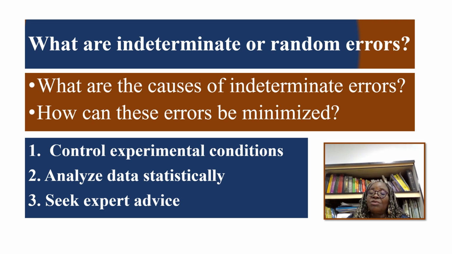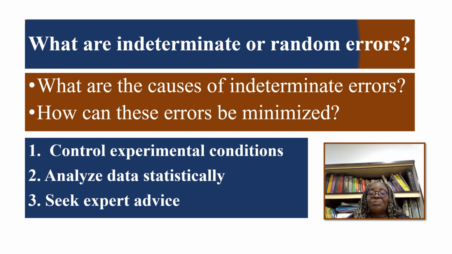As that heavy-duty truck passes, it will cause a vibration of your building. And if you are conducting an experiment at that time, it will introduce indeterminate error. It could also be caused by passing traffic, and by variation in temperature and limitation to scale reading. These are the causes of indeterminate error.